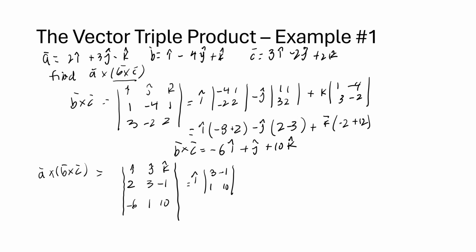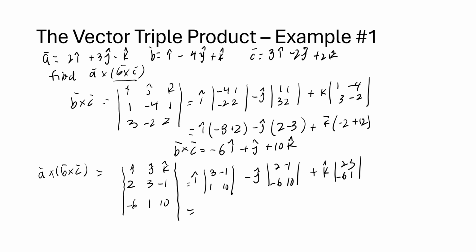1 and 10. Now we've got a minus j, and then we've got a 2 minus 1 minus 6, 10, plus k, and then we have a 2, 3 minus 6, 1.